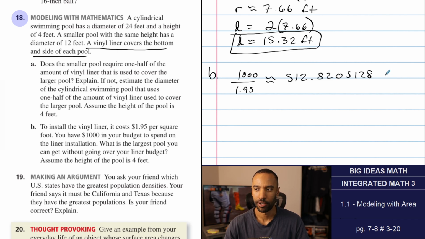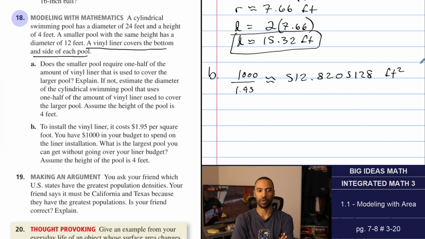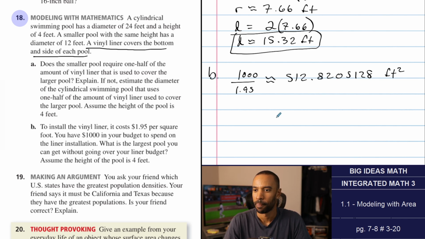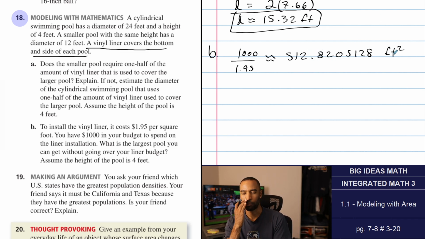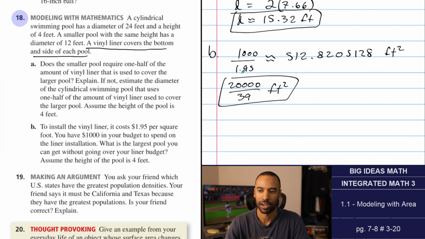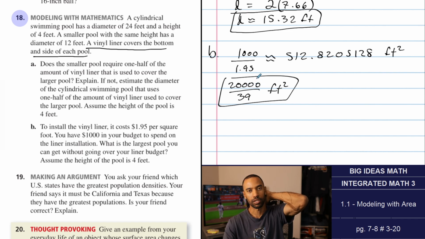That's how much square footage I can have. It says what's the largest pool you can get without going over. Can this work as a fraction? I'd rather have the exact number. A fraction version I can write simplified without any decimals is this. I'll just write it like that. So that's the largest surface area we can use.